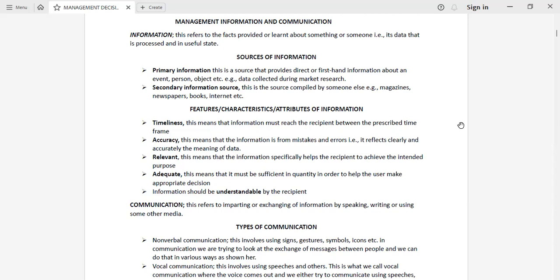Communication refers to the exchanging of information by way of speaking, writing, or using any media. Someone can communicate on Twitter. Someone can communicate on WhatsApp. That's a way of communication. But this means that there must be an exchange: someone must be receiving the information, and there is someone who is sending the information. That's what we call communication.